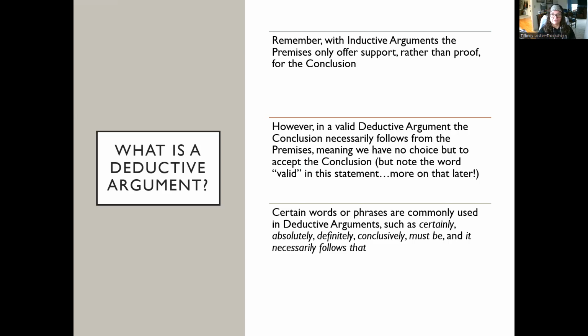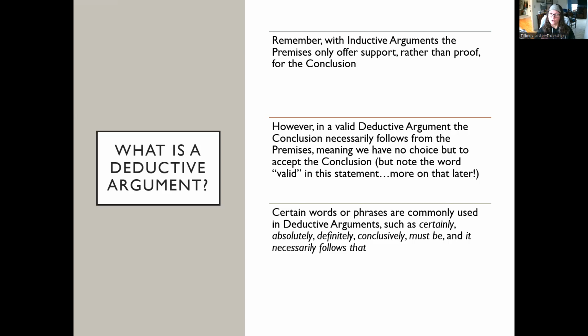It offers proof. There are certain words or phrases that are commonly used in deductive arguments, such as certainly, it is certainly true that, or it is absolutely true that, it is definitely true, conclusively, it must be true, it necessarily follows that. So those are the types of words and phrases that indicate that you're dealing with a deductive argument.